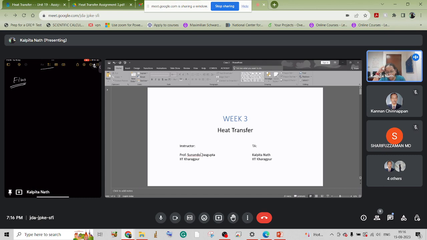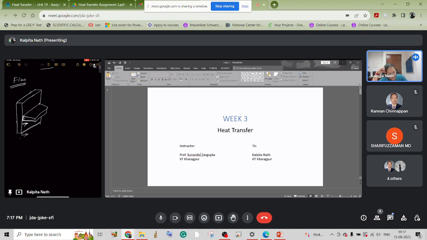So if we have a fin attached like this, conduction is taking place in this direction, right?